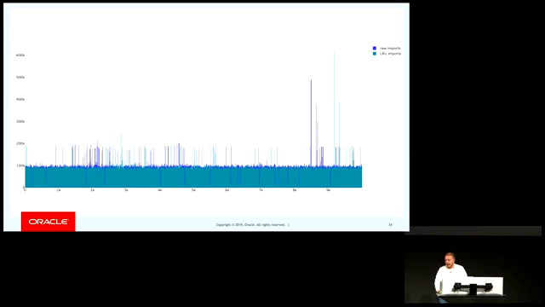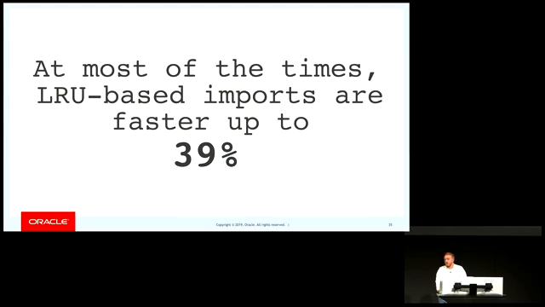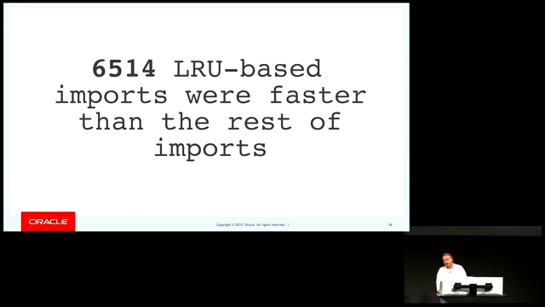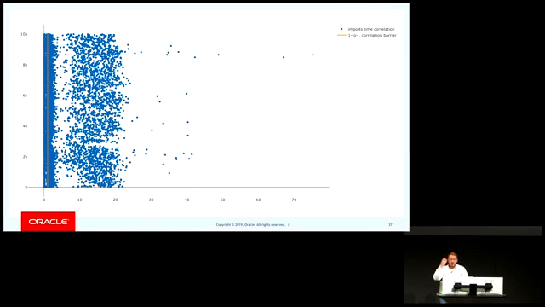As the result, LRU cache works up to 39% faster than regular imports. At 10K, almost 6.5 grams of imports are faster with LRU cache. And this is how it actually looks.